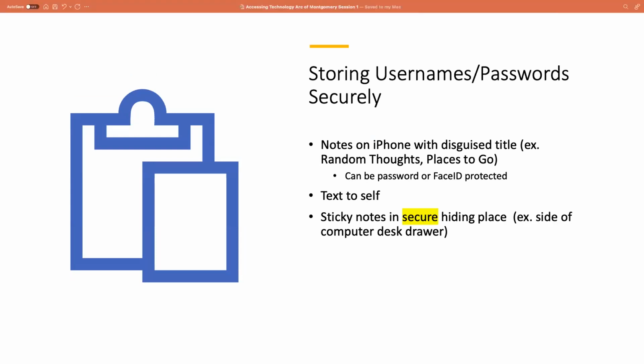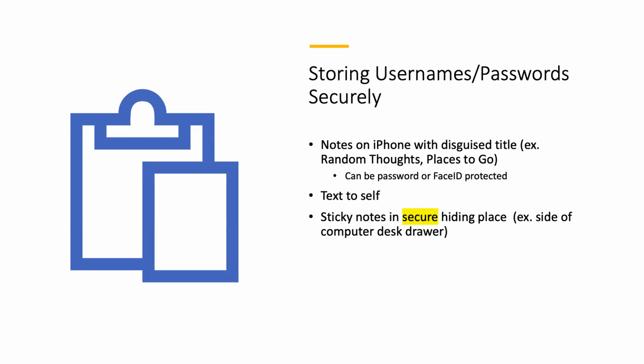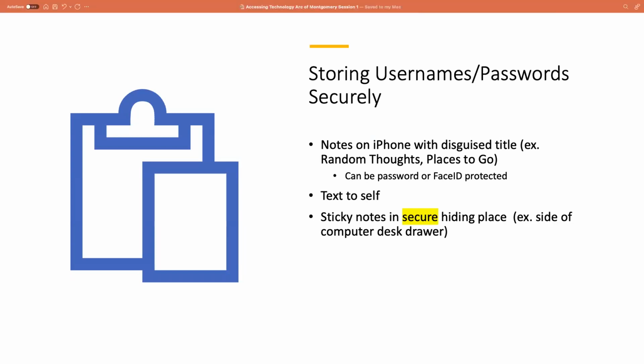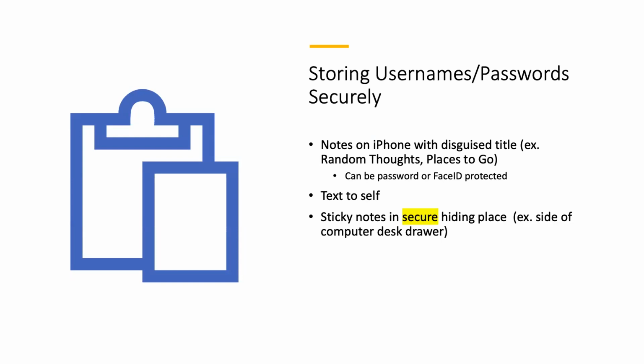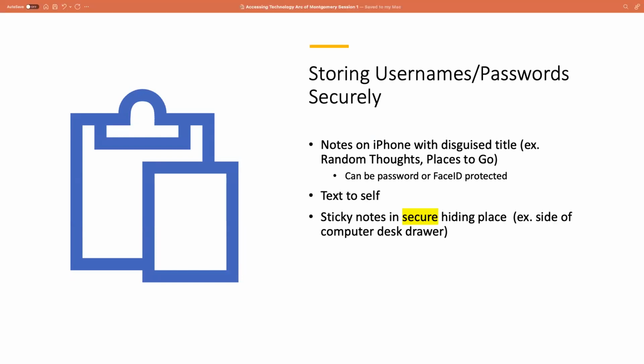It's a strategy. But my number one strategy for them was, if you have an iPhone, using notes on it, because on your notes, you can now password protect them. You can set a Face ID on it, so it's secure.